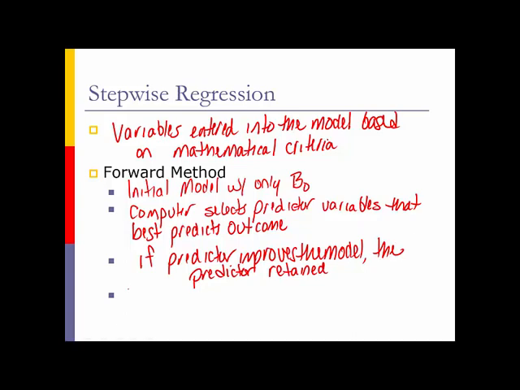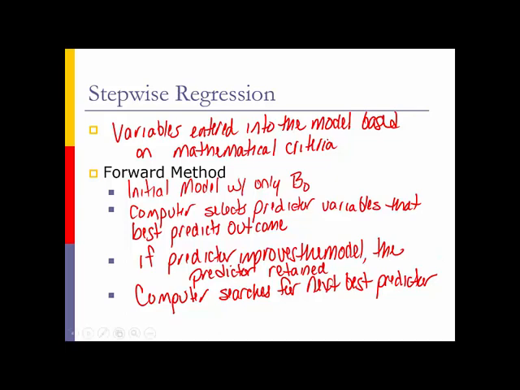All right, and then the computer searches for the next best. And that's probably going to be the variable that has the highest semi-partial correlation with the outcome, right?